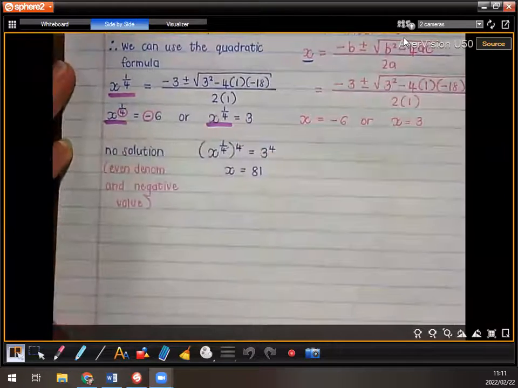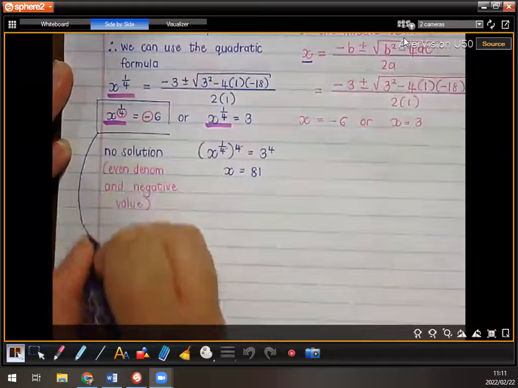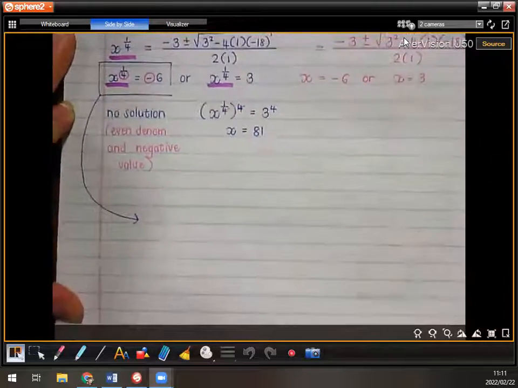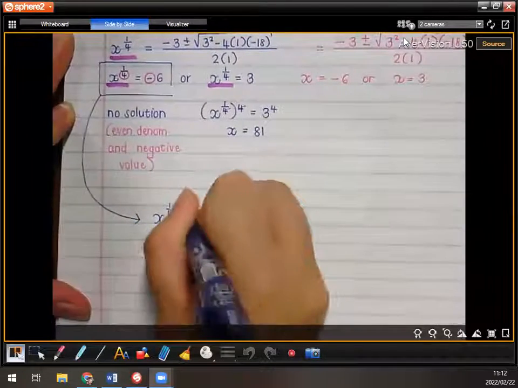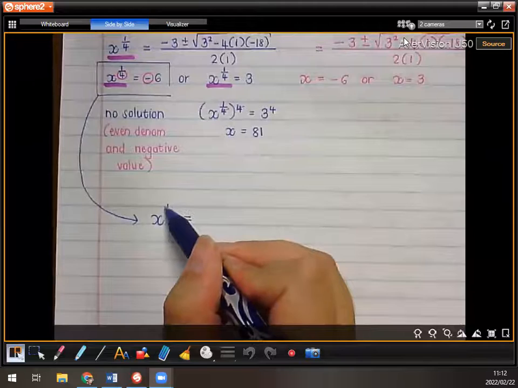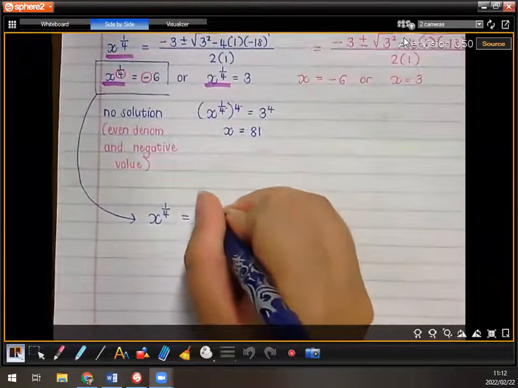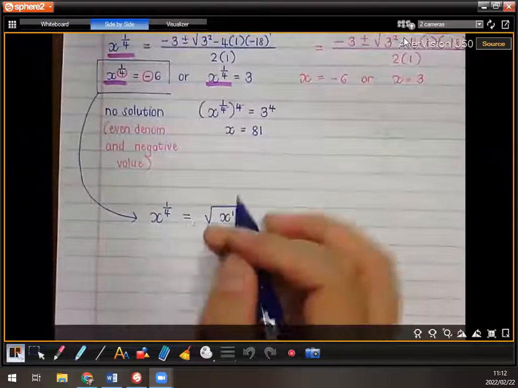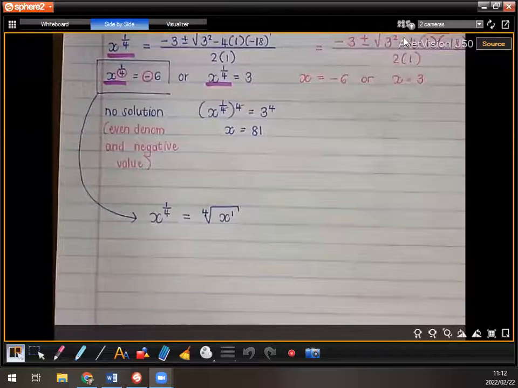Now the reason for that, I'm going to draw a block around it and make an arrow. X to the power of a quarter, we can write that in surd form, right? Can we do that? We remember how to write an exponent in surd form. The numerator of the exponent becomes the exponent inside the surd, and the denominator goes outside the surd, so the fourth root.